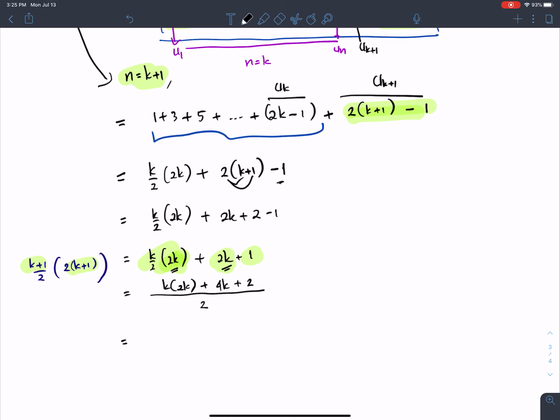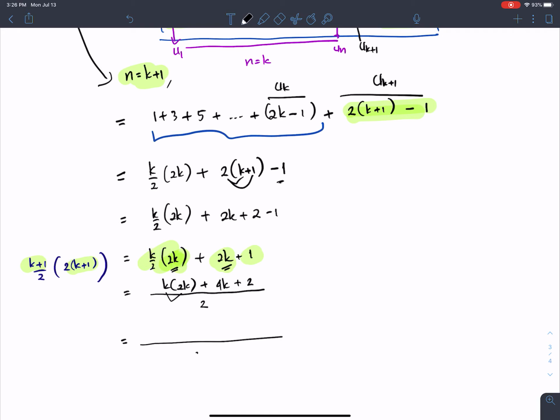So if I multiply this part, k with 2k, over 2, okay, so I'm going to have 2k square plus 4k plus 2.